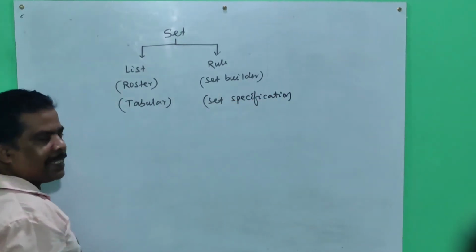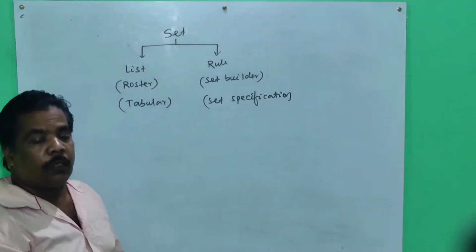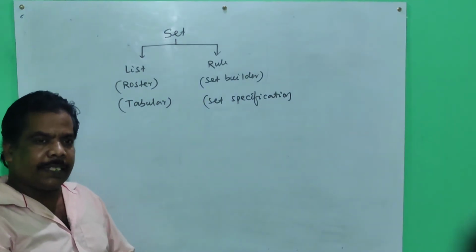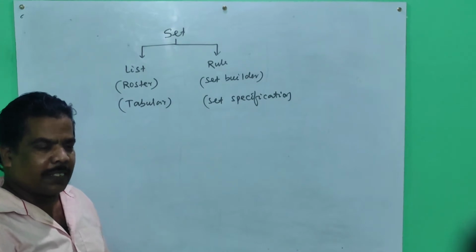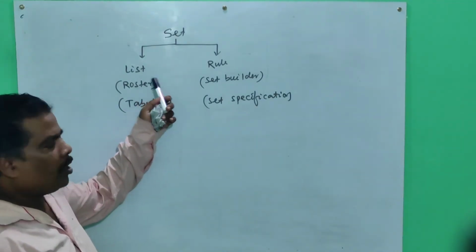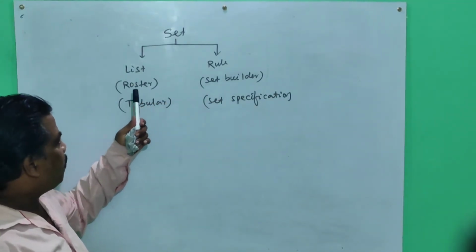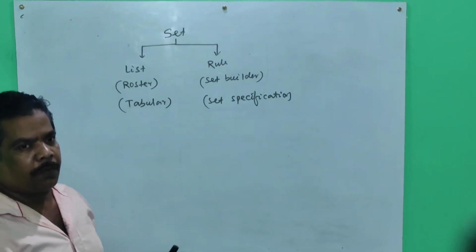So a set is expressed by two methods: one is list, the other is rule. List form, roster form or tabular form.